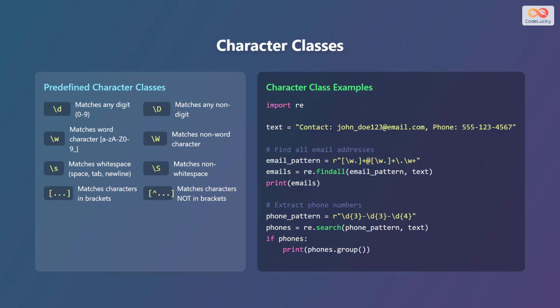The result of re.findall on this pattern in the given text gives john_doe123@email.com. We can extract phone numbers using the pattern r"(\d{3})-(\d{3})-(\d{4})". The result of re.search on this pattern in the given text will return 555, 123, 4567.